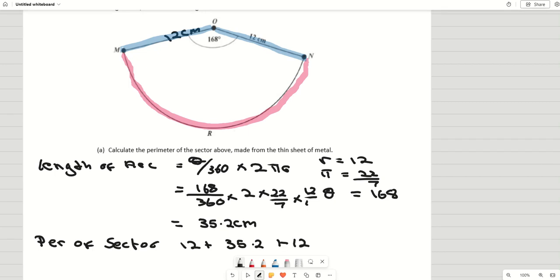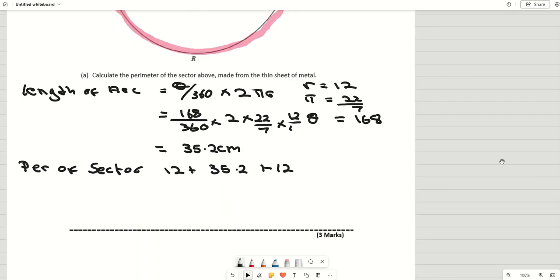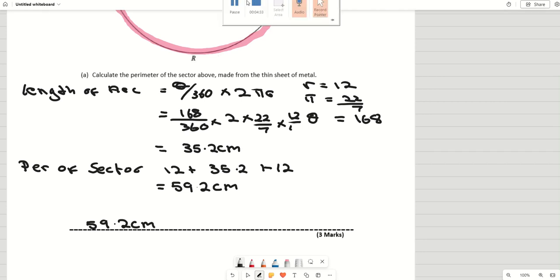So from here to here is 12, from here to here is 35.2, and from N to O is also 12. After you add all of this up, you get the answer 59.2 centimeters, because it's perimeter, that's all. So it's 59.2 centimeters for our first question.